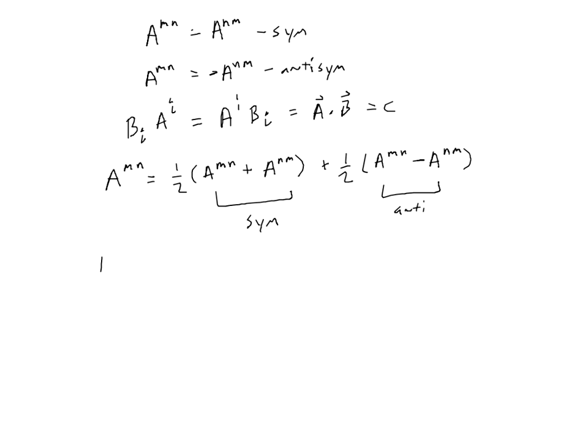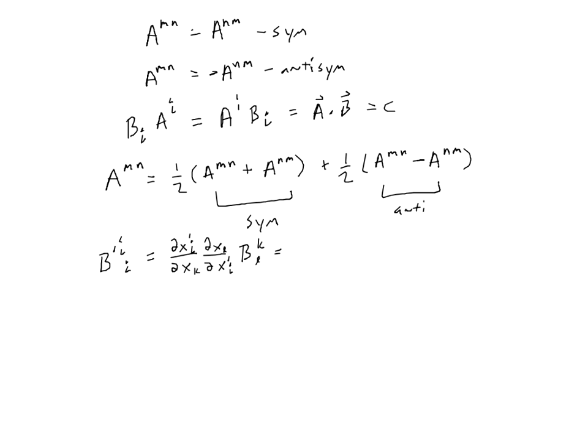And another example could be, let's say you have B prime I. So this is our mixed tensor from before, and it's basically a transformation matrix and it's acting on our mixed tensor.